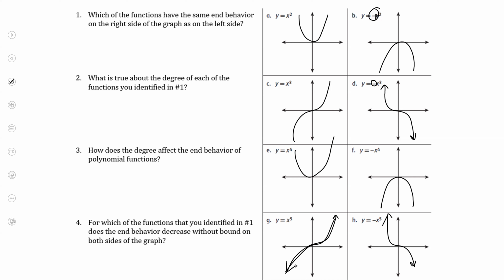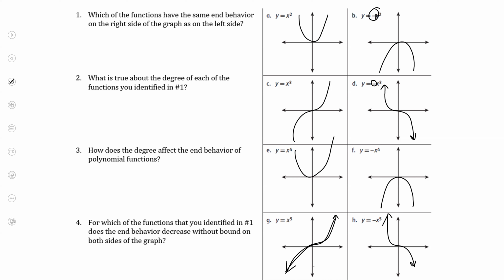Okay, so let's answer these questions. It says, which of the functions have the same end behavior on the right side of the graph as on the left side of the graph? What did you guys say? Which one of these have the same end behavior? E, yes.